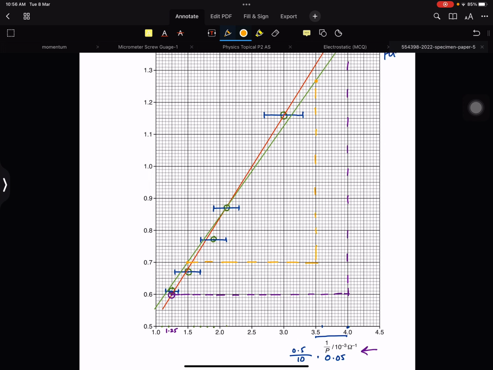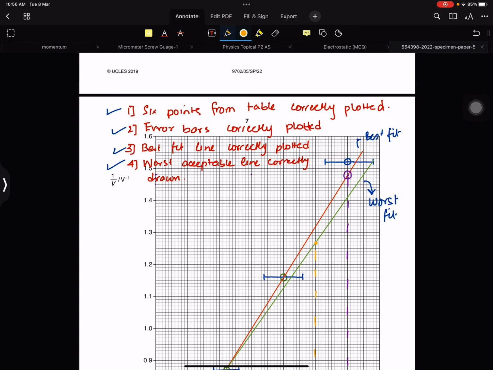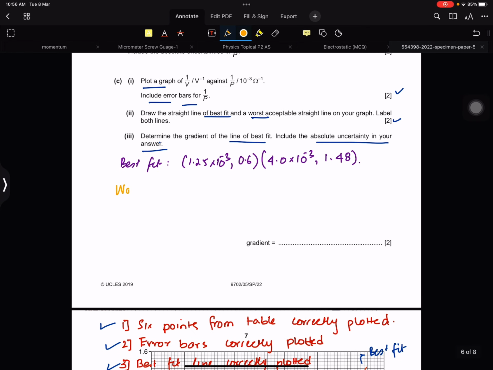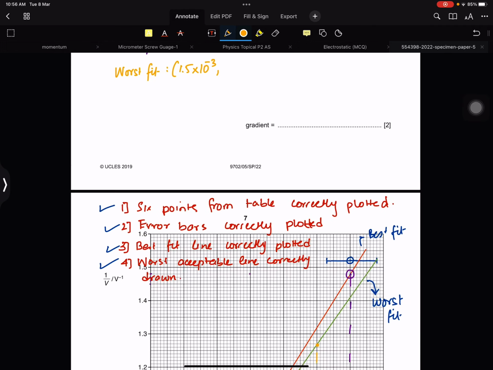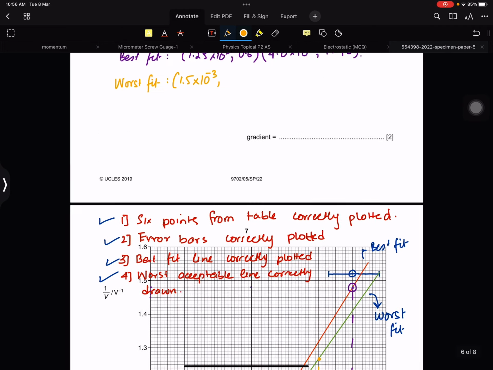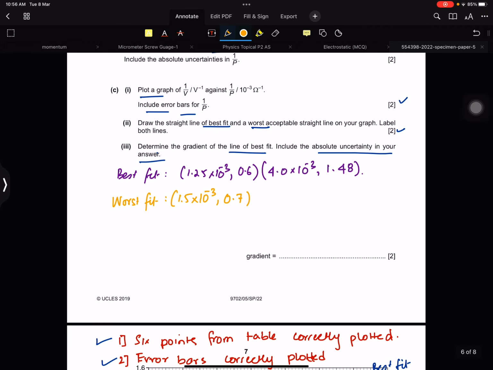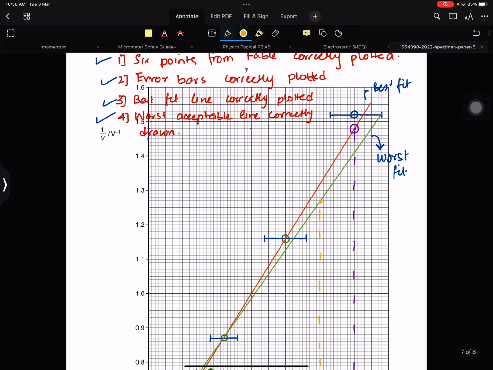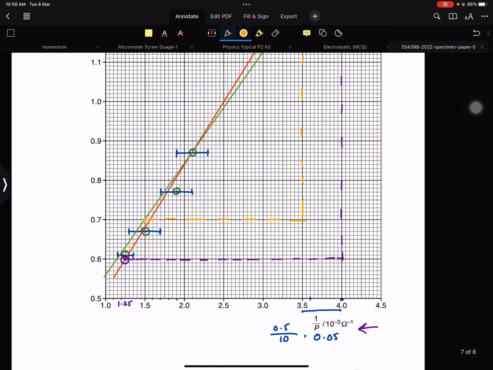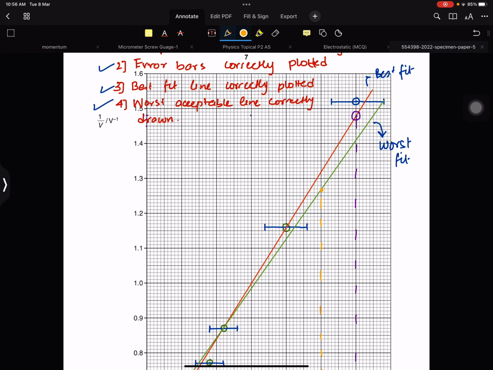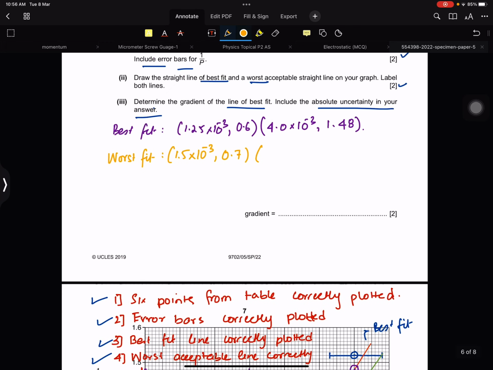So the first point is 1.5 times 10 raised to minus 3 and 0.7. So for the worst fit, I have 1.5 times 10 raised to power minus 3 and 0.7. And the other point I have is 3.5 times 10 raised to minus 3 and about this one, 1.27.